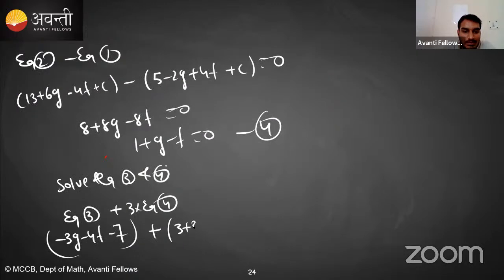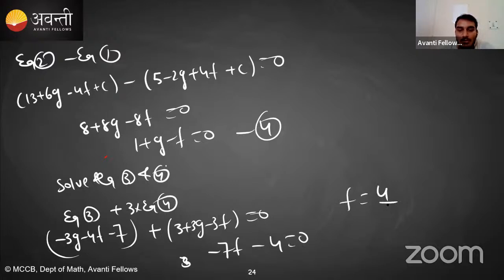So 3 plus 3g minus 3f is equal to 0. What do we get? Minus 3g plus 3g cancel out. Minus 4f minus 3f is minus 7f, and then minus 7 plus 3 minus 4 is equal to 0. What is f from here? 4/7.